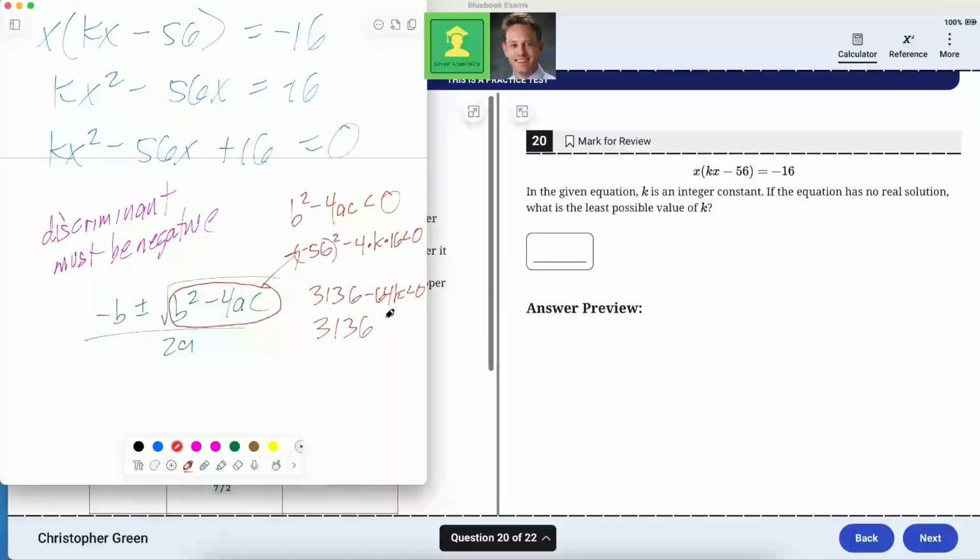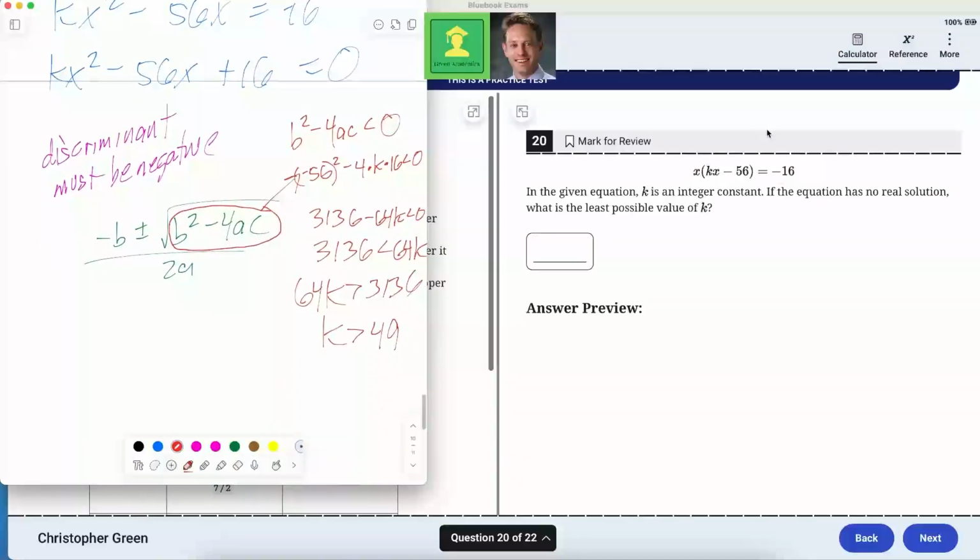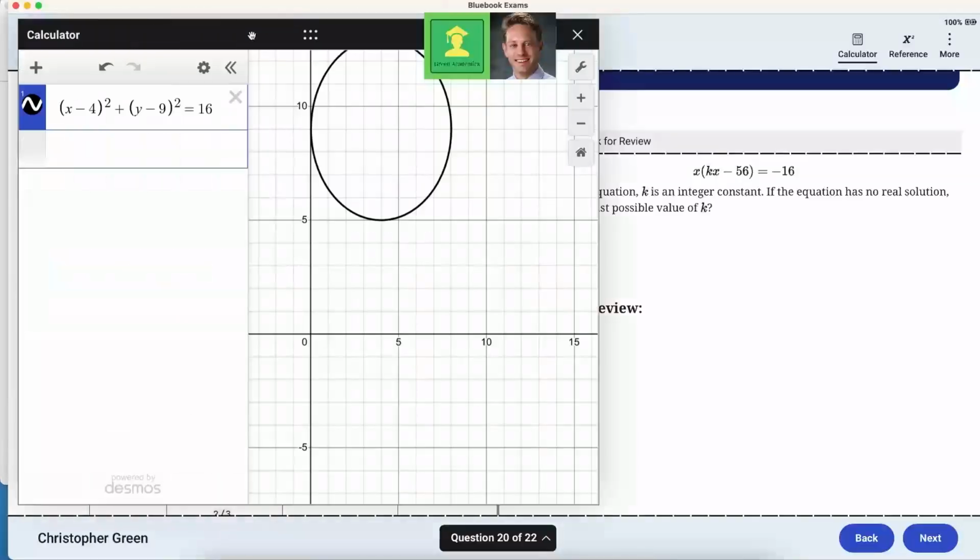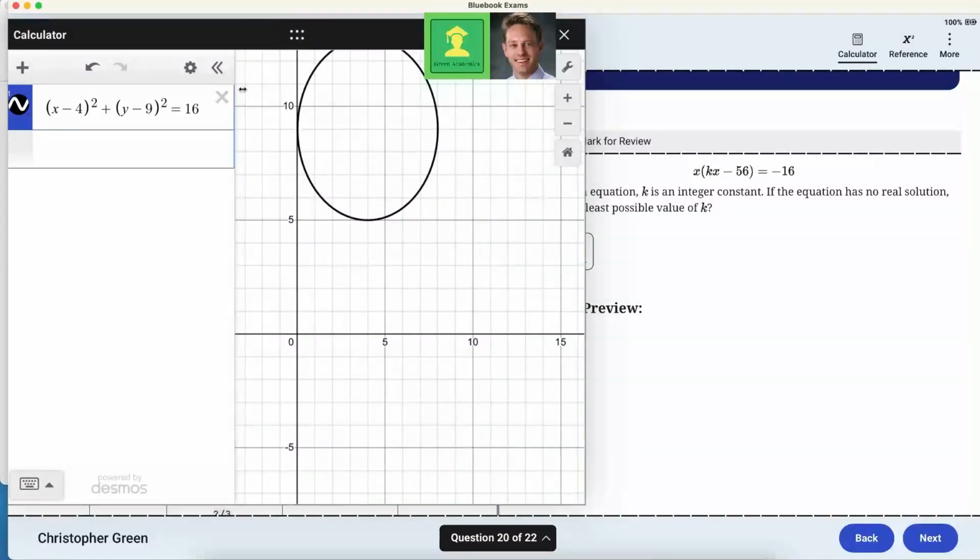I'm going to try to avoid jumping any steps here. So write this as less than 64k. I'm going to flip it to 64k is greater than 3136, which gives you k is greater than 49. Now, k is greater than 49, and it says in the question k is an integer constant. So what's the least possible value of k? The answer is 50.